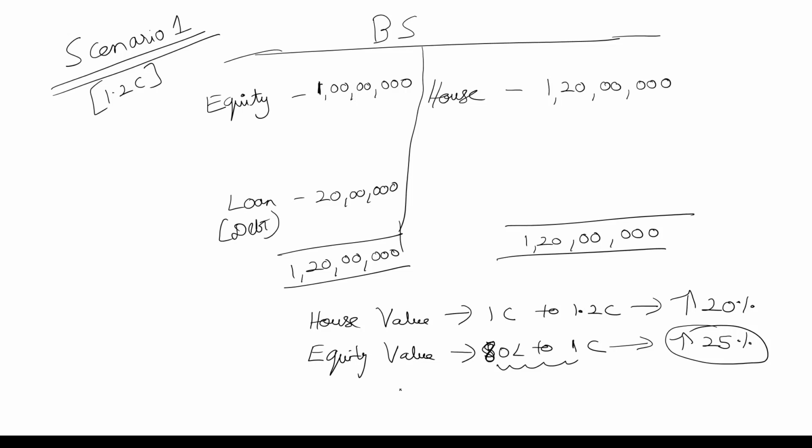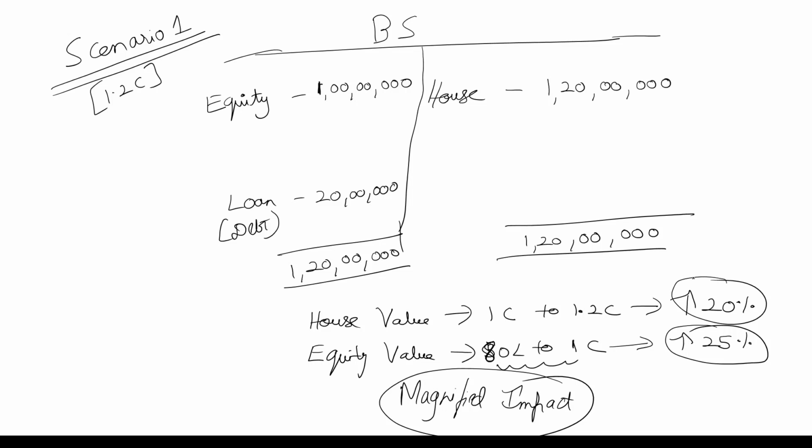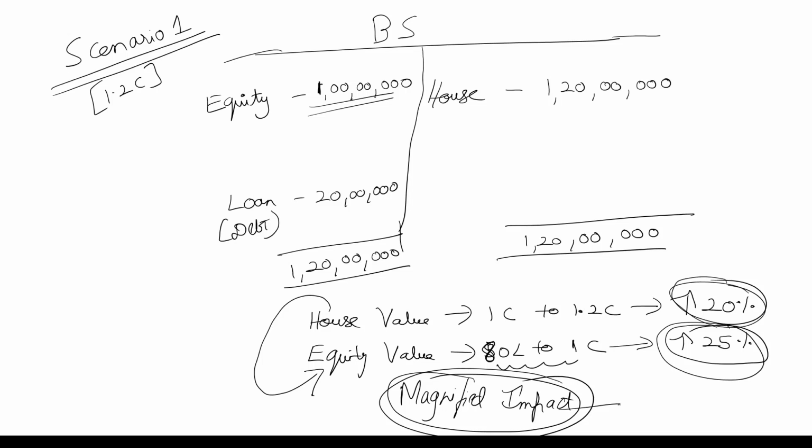Here again, you can see the magnified impact. Why do I say that? There is definitely a trigger because house value changed. And the trigger has an impact on equity value, because equity value also changed, but the percentage change is not the same. Trigger 20% change and impact on equity value 25% change. So there is definitely a magnified impact, what we call the leverage effect.